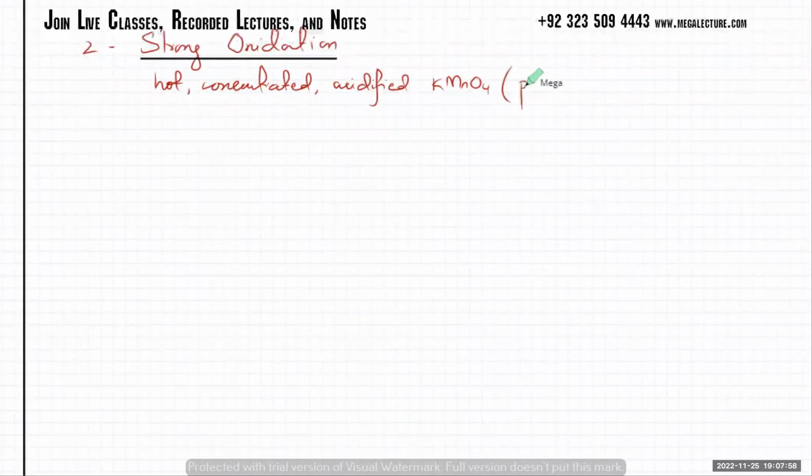This is potassium manganate(VII). अब इसमें ये कि hot concentrated acidified KMnO4.